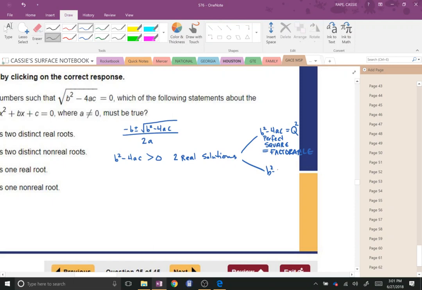If b squared minus 4ac is not something squared, then the only way to solve is the quadratic formula, QF. If b squared minus 4ac is less than 0, that means you're square rooting a negative number, which means you have 2 imaginary solutions.